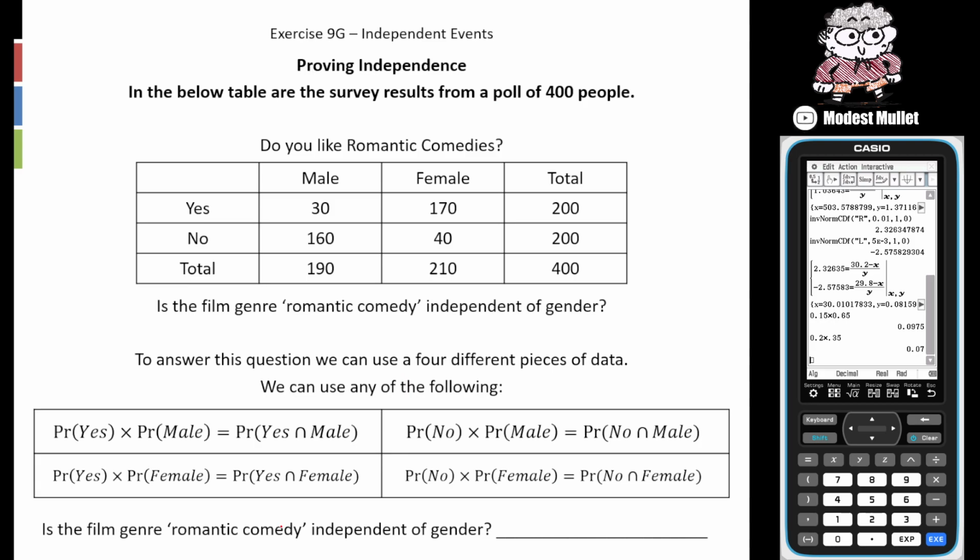In the below table, we have survey results from 400 people asked, do you like romantic comedies? Is the film genre romantic comedy independent of gender? We can use the following 4 bits of data, and we can come up with a whole bunch of different ways to check if they are independent, because this question is asking, is the film genre romantic comedy independent of gender?